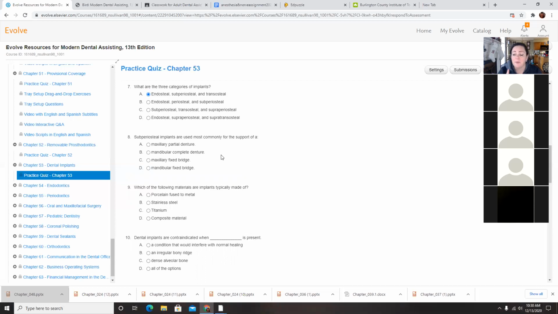A patient that's been wearing dentures for a long time, their bone has resorbed and been worn down, and they may not have enough bone left for an implant. But if they got a subperiosteal implant, that could help them to do what? Support a denture. Which type of denture? Really complete, mostly B, mandibular complete.